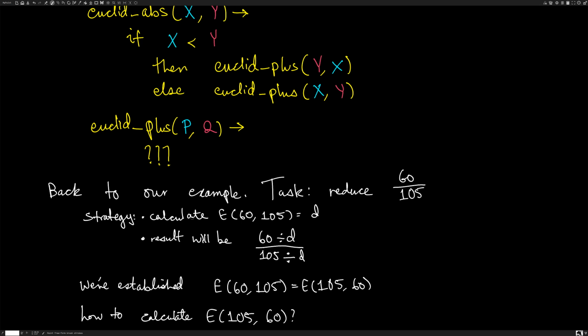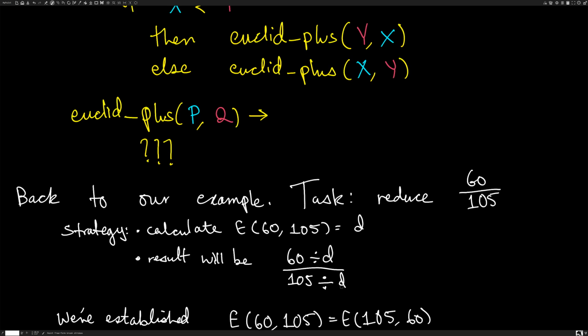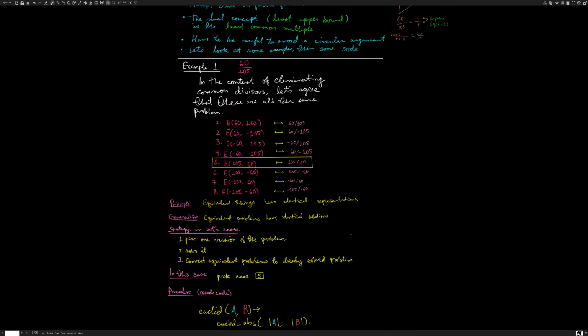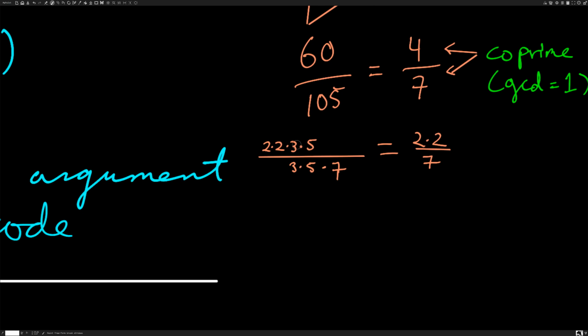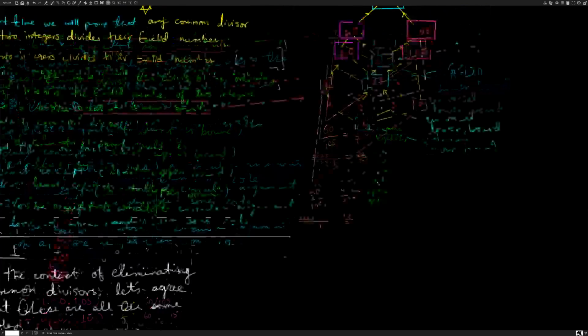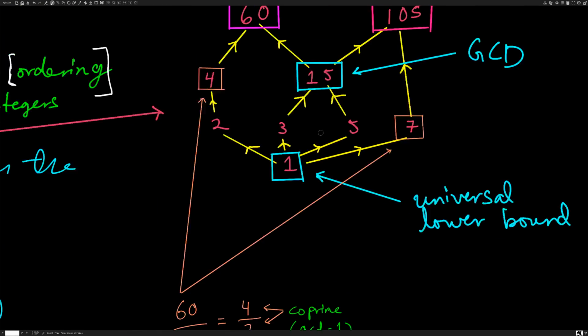We calculate the Euclid number between 60 and 105, and then the reduced fraction will be 60 divided by D and 105 divided by D. If you go back to our example, if we cancel the common factors, 3 times 5, that's 15, which is the GCD. And so 4 is 60 divided by 15, and 7 is 105 divided by 15. That's where you get these two extremities on the edge of the division graph.